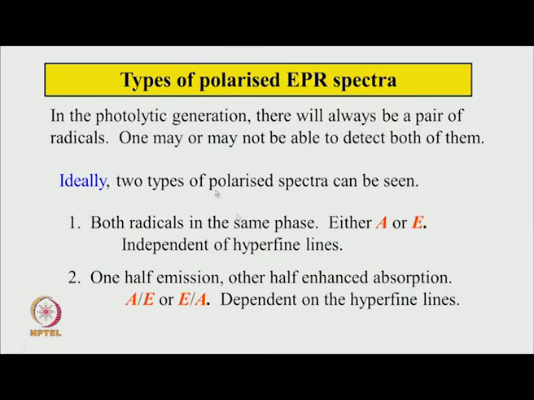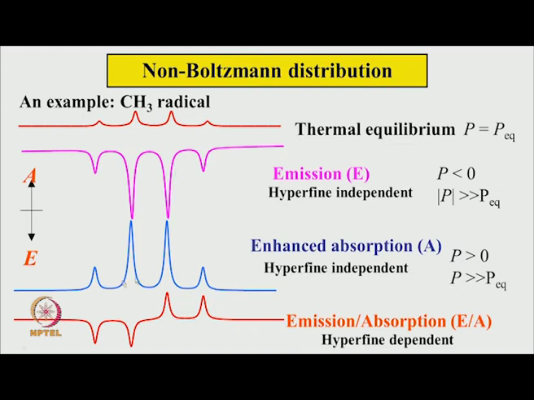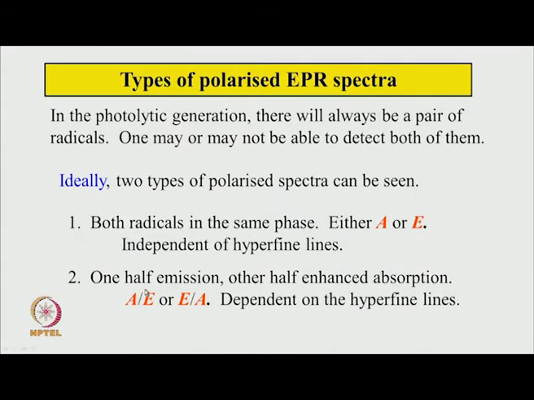What we have seen so far is that two types of spectra can be seen. One is hyperfine independent polarization, either emissive or absorptive. The second situation is one half emission, other half enhanced absorption, AE or EA, depending upon the hyperfine line.